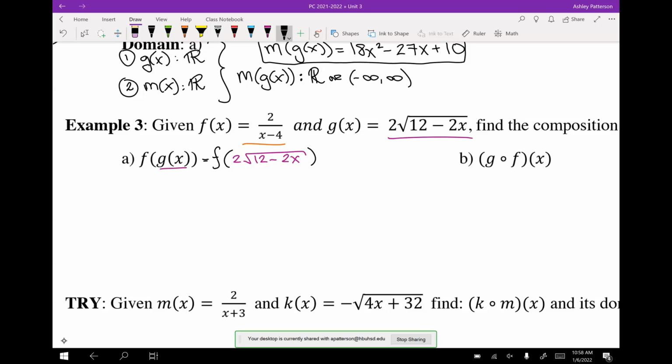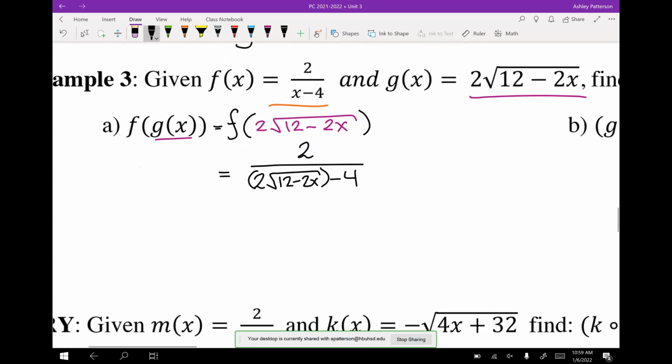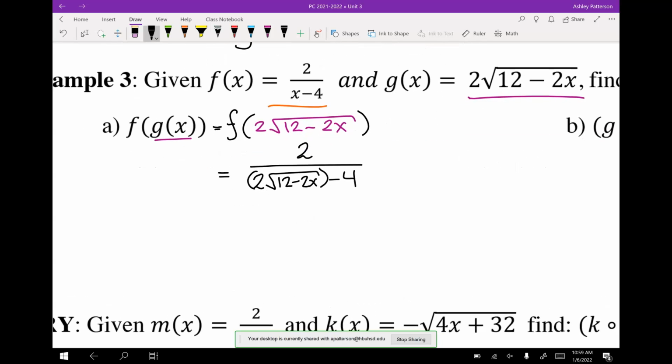Okay, and f of x happens to be a fraction, so there's only one variable, and that's in the denominator. Let's take 2 over, substitute in 2 times the square root of 12 minus 2x, and then minus 4. I put the radical in parentheses as a reminder that that's the function we substituted in.